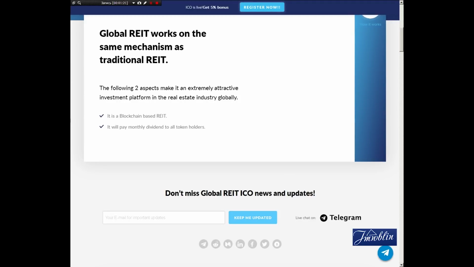Also, by purchasing tokens, they state that it will open up the possibility of getting shares in future assets that are brought onto the platform. Furthermore, using blockchain technology brings a number of benefits to the investors thanks to the level of transparency and security that surrounds the blockchain.